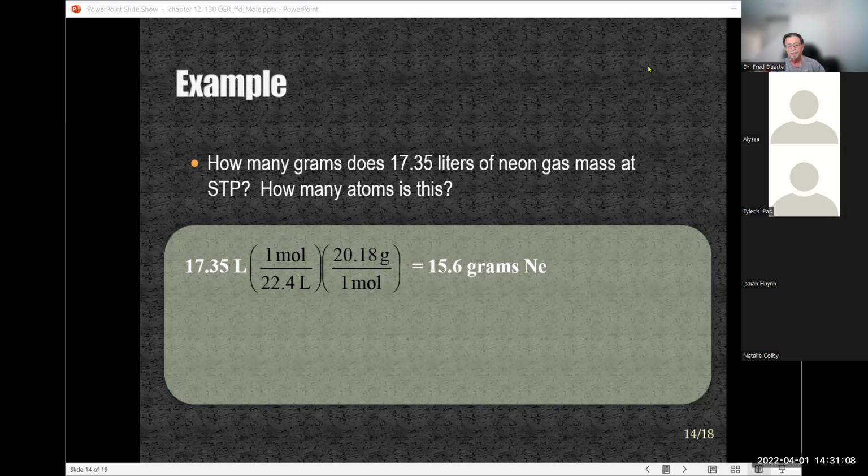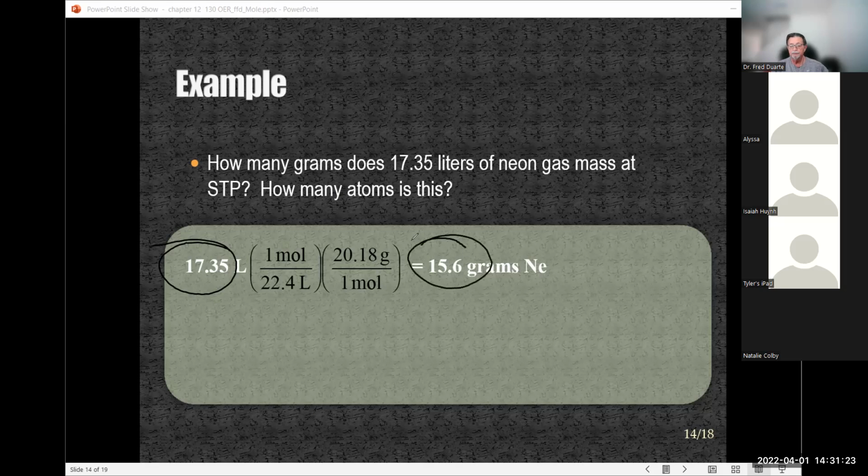Now let me ask you a question. How many sig figs does 17.35 have? Anybody know that? 4. Exactly. Now, how come our answer has 3 sig figs?